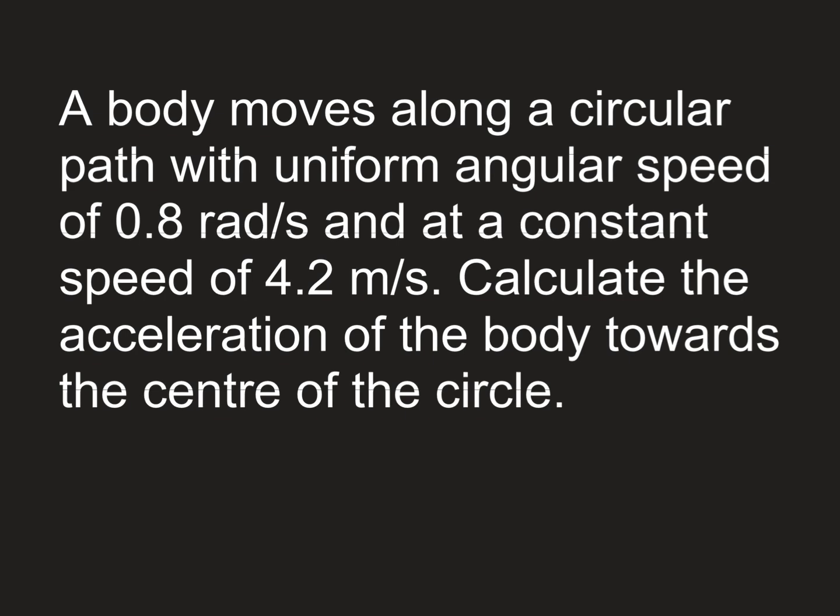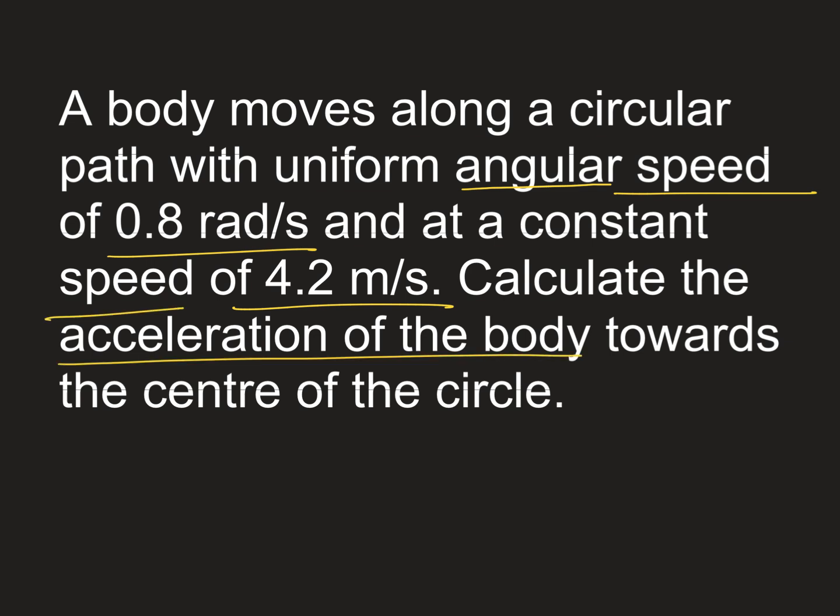A body moves along a circular path with a uniform angular speed of 0.8 radians per second and at a constant speed of 4.2 meters per second. Calculate the acceleration of the body towards the center of the circle.